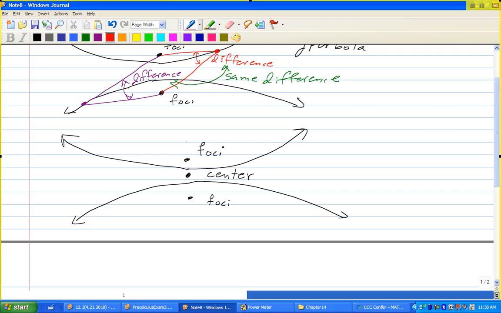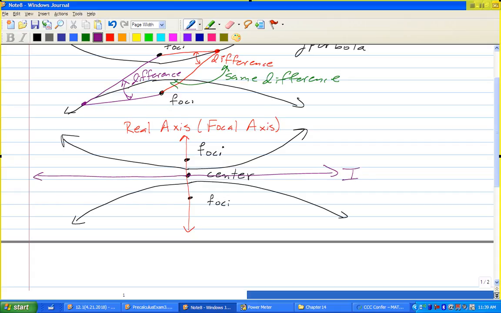If I take a line passing through the foci, that's called the real axis or the focal axis. If I take a line perpendicular to the real axis, passing through the center, then that's called the imaginary axis.